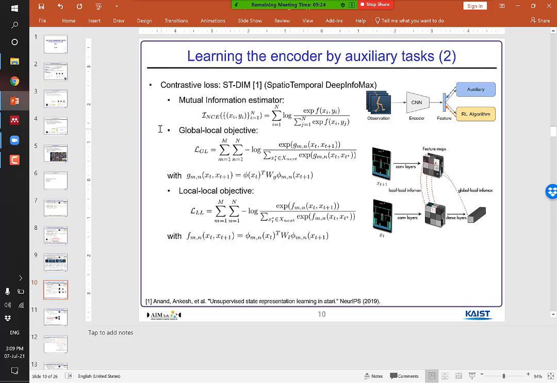Basically, they propose to use a global-local objective that tries to maximize the mutual information between the local and the global features. First, to measure the mutual information, recently a very famous tool is NCE, noise contrastive estimation.